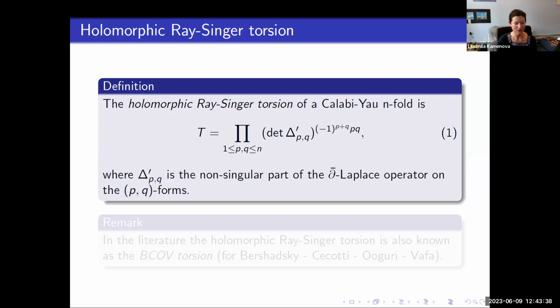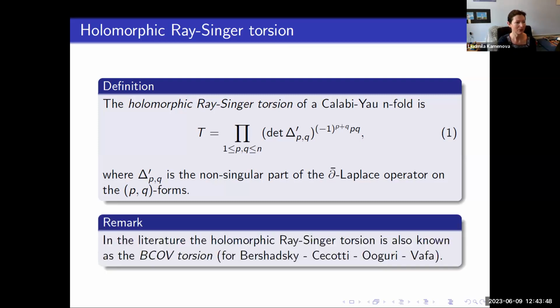And in the physics literature, it was computed using physics mirror symmetry. This holomorphic Ray-Singer torsion, or as the physicists call it, the BCOV torsion, after Bershadsky, Cecotti, Ooguri, and Vafa, was computed using physics mirror symmetry, and it was used to predict the number of holomorphically embedded elliptic curves in a given Calabi-Yau manifold.